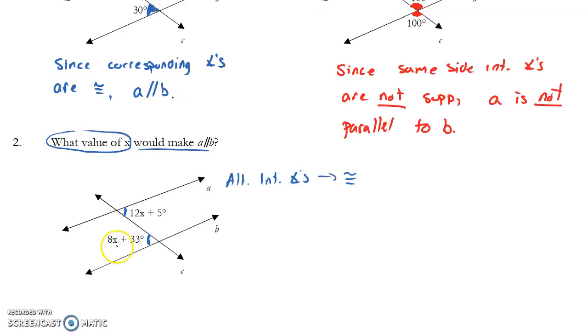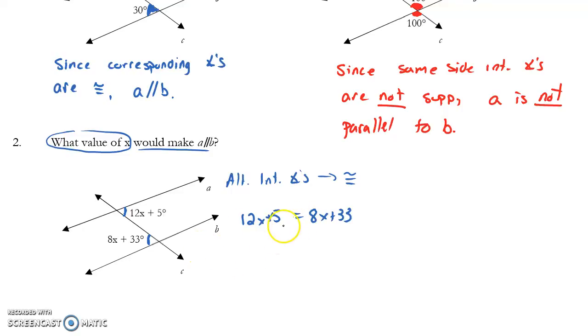I don't know if they are parallel, but if I want them to be, those would have to be congruent. So I'm going to set the angles equal to each other. 12x plus 5 equals 8x plus 33. If I were given same side interior, I'd add them and set them equal to 180. Same side exterior, I'd add them and set them equal to 180.